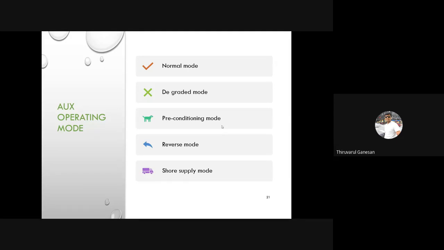He will make sure the cabin temperature, cabin pressure, everything is maintained, and he has to ensure the braking system, air compressor limitation, air compressor pressure, everything. For that, he will do the pre-check before getting to the track or before getting to the operation.